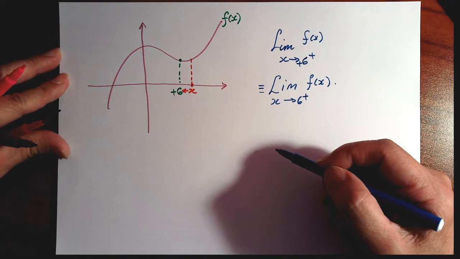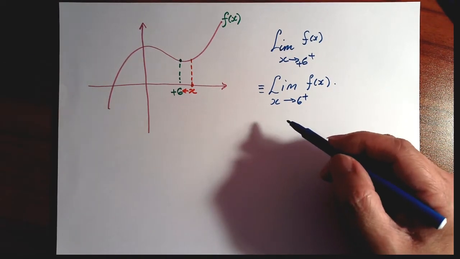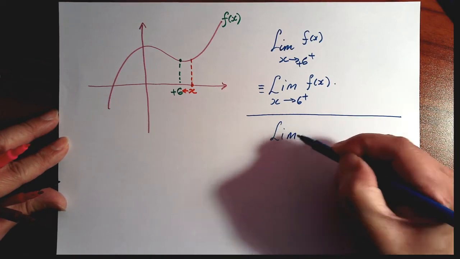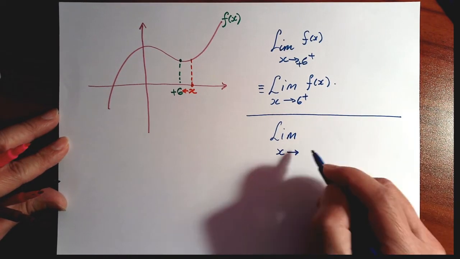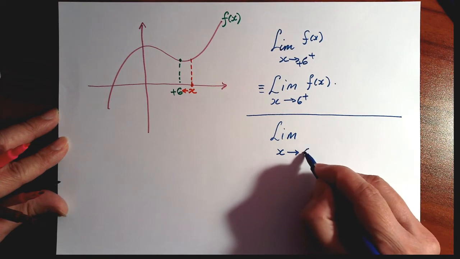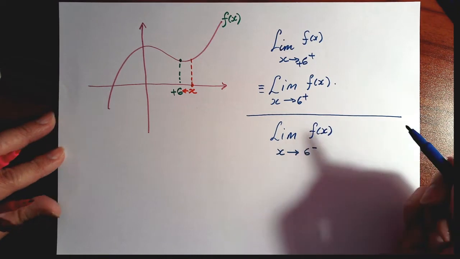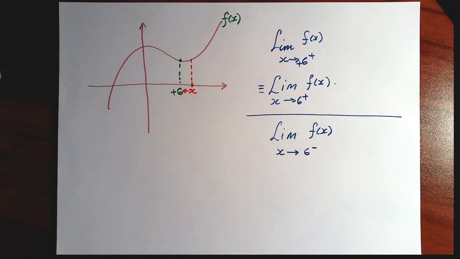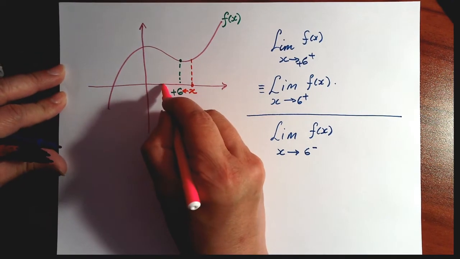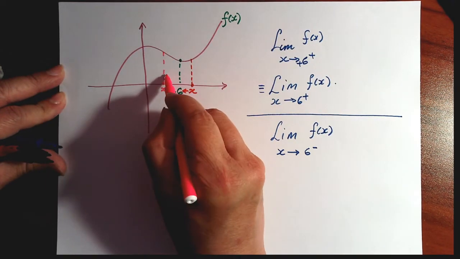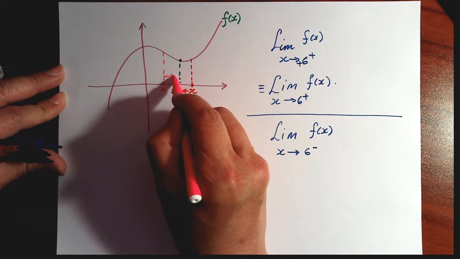Another situation may occur whereby x approaches 6 from the negative of the function f of x. That would mean x is here and approaches 6 towards this direction.